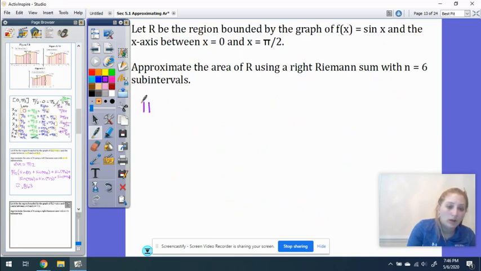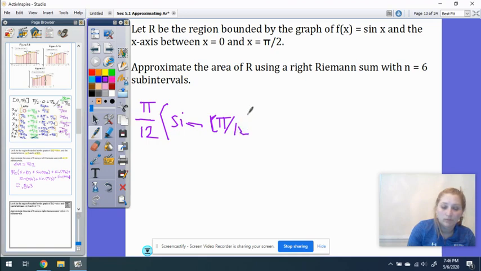Still going to have pi over 12, my length in front, multiplied by sine pi over 12 plus.